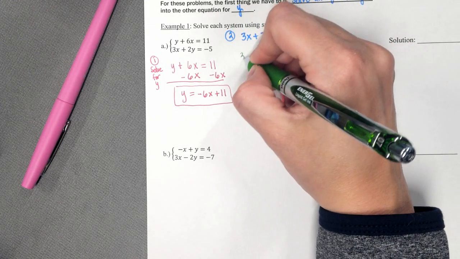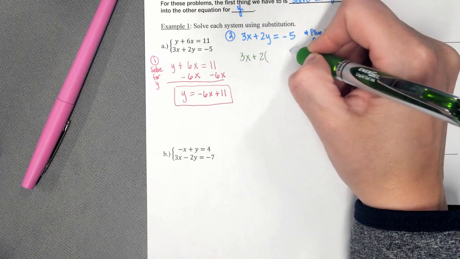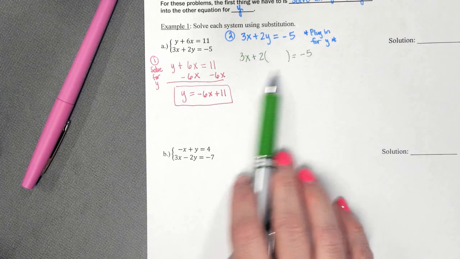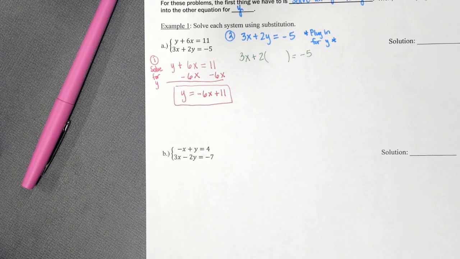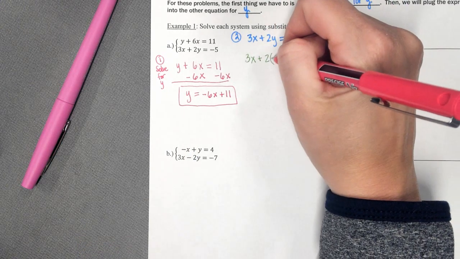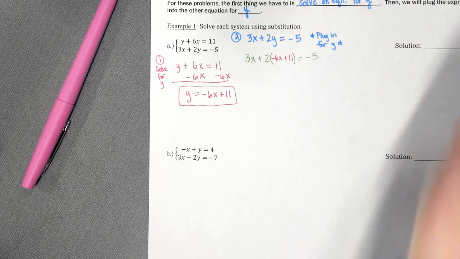So instead of y, what do I normally write in place of y? What do I write to hold its place? The parentheses. So now if y equals negative 6x plus 11, you're just going to plug that in here. Negative 6x plus 11.